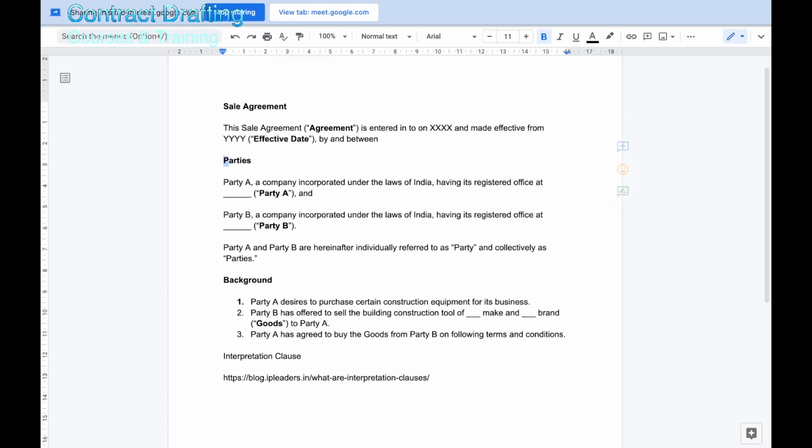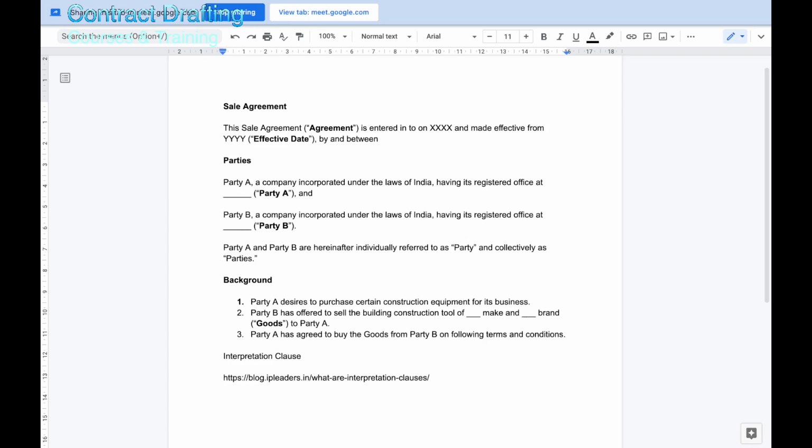So there are two parties, one is party A, one is party B. Again, party A is a defined term and party B is a defined term. Now you will see how we have used this definition in the body of the agreement. There is a collective definition of parties and party. So we may also use this short definition of party or parties throughout the contract.